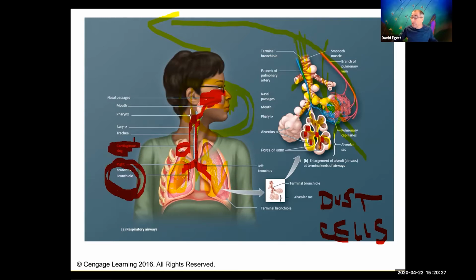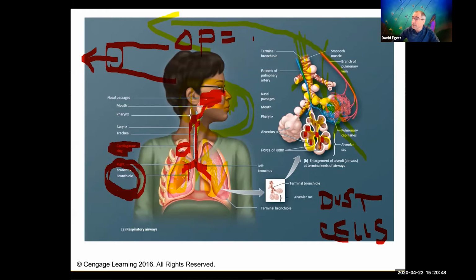Because again, the flow of air through these little tubes is defined by the same equations that we saw for the flow of blood through blood vessels. You know, it's going to be delta pressure. The pressure difference on one side versus the other side is going to be the flow times the resistance.